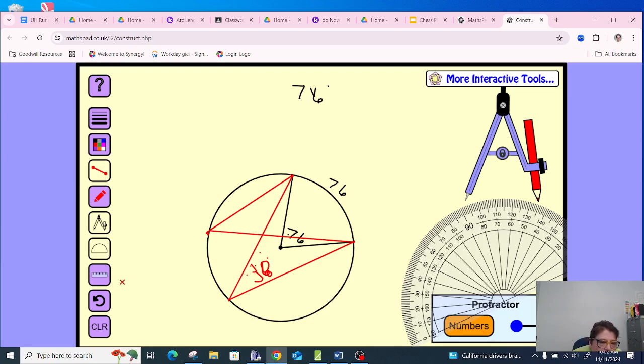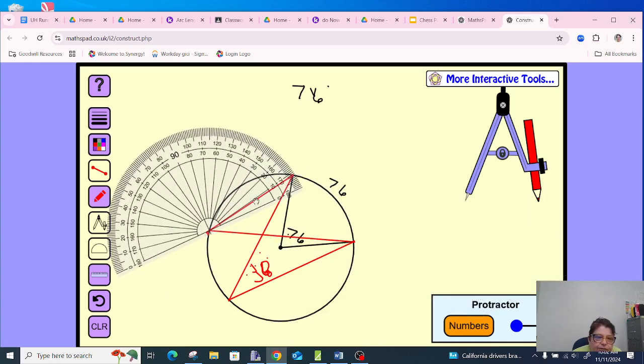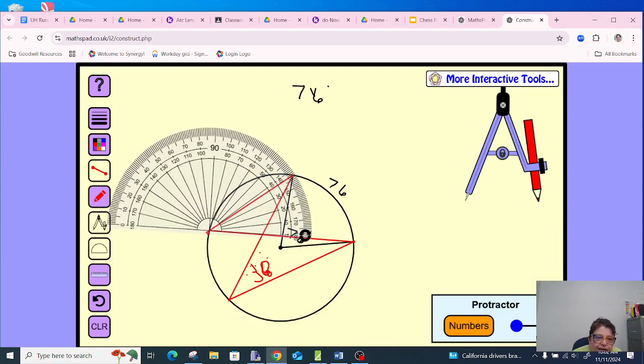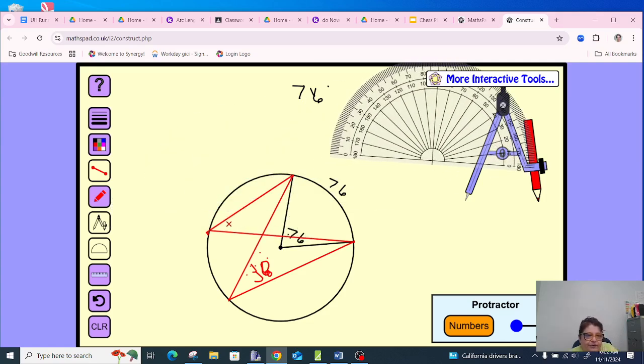Mine's a little bit off, I have to make that more accurate. There it goes. I made a new one just to see if it always worked. And look at that. Mine is 38 degrees. What's yours?